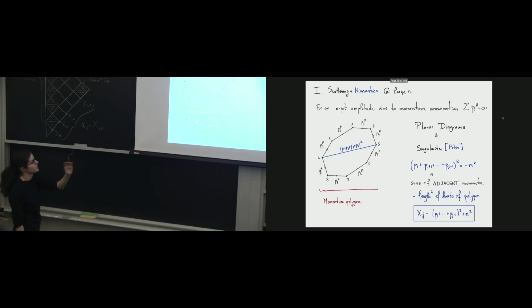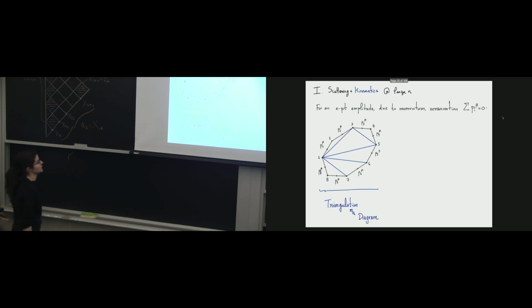These sums of adjacent momenta are nicely captured by the length squared of chords of this polygon. I'll define the variables x_ij to be the length squared of the chord going from vertex i to vertex j, shifted by m squared so that the singularities happen when these x_ij go to 0. This is how I'm going to define my kinematics.